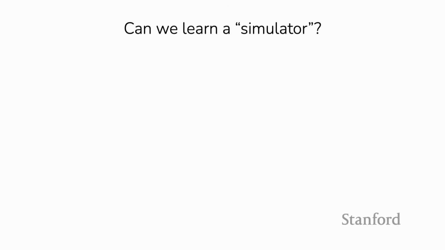Cool. So the key idea behind model-based reinforcement learning is essentially that we're going to try to learn a simulator. Can we learn how to predict the future for actions that we might be taking?